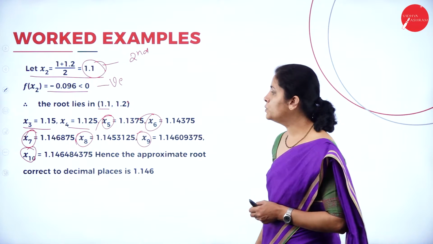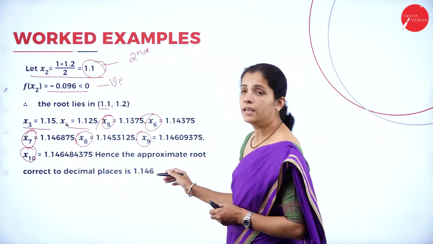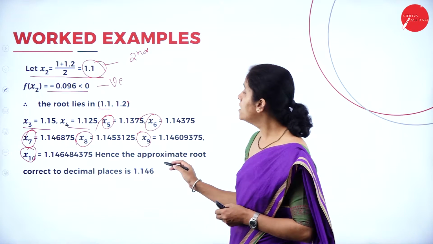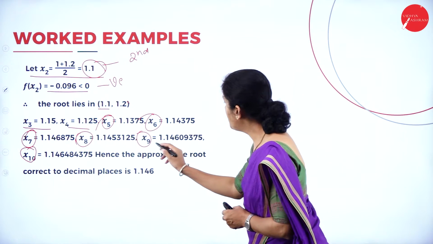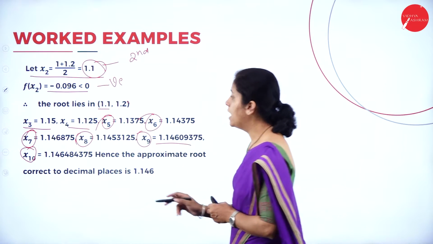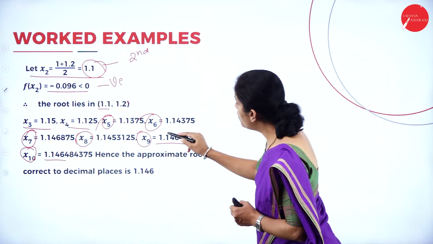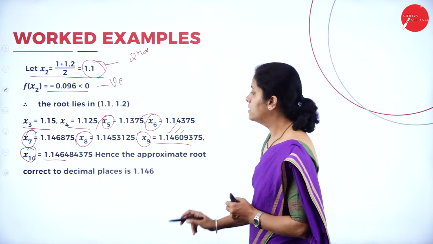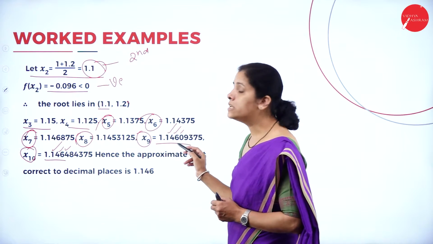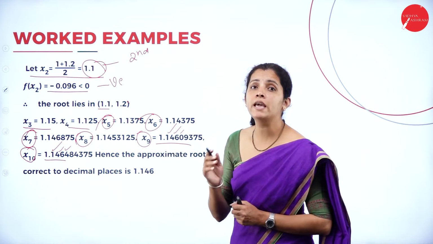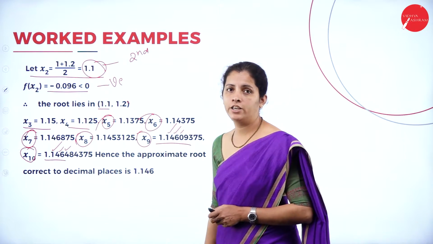And see, dear student, when I'm going to stop the iteration: in the question they mentioned that I stop when I get 3 decimal points the same. If I consider the 9th iteration and the 10th iteration, after the dot, 1, 4, 6. Here also 1, 4, 6. So, the 3 decimal points have the same number, so that I am able to stop my iteration.